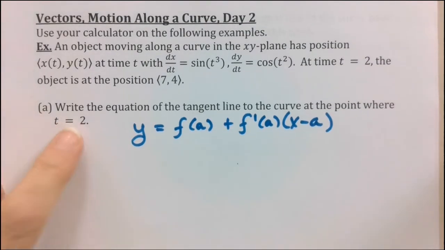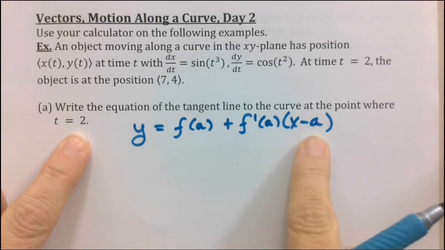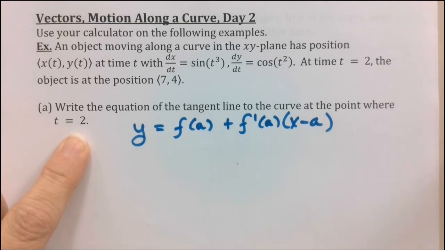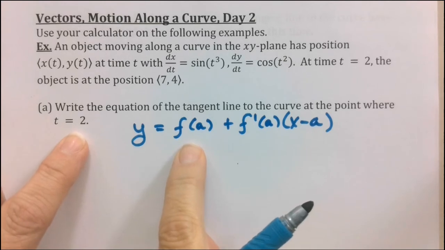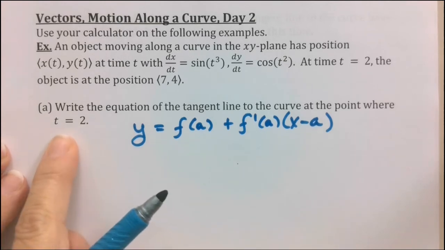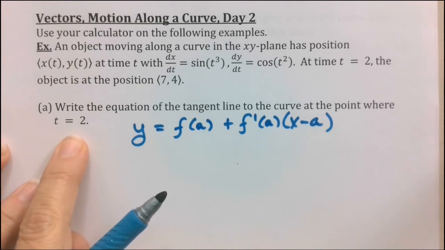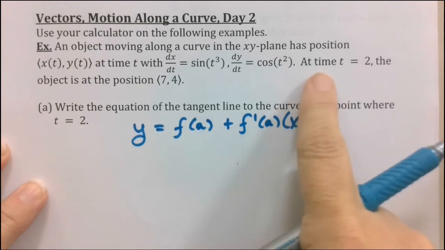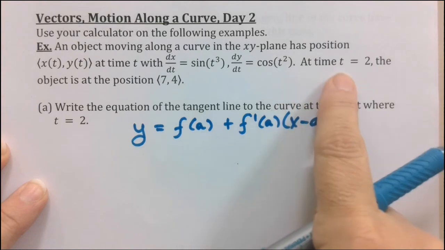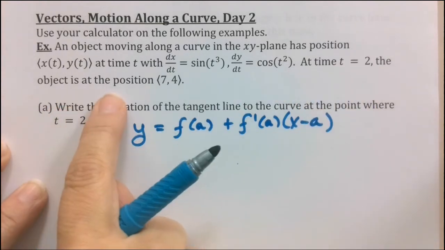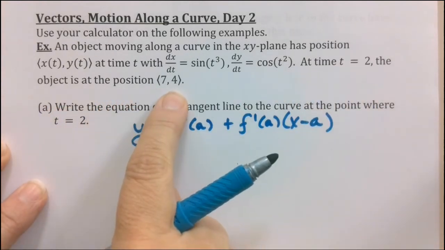And we're tempted to plug that 2 in for the a, but that a value should be an x number. It should be the x coordinate of the point of tangency, and the f of a should be the y coordinate of the point of tangency. This is just the moment at which we want this information. If we look up here in the prompt, they told us at time t equals 2, the object is at position (7, 4).